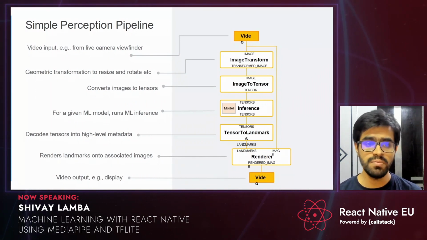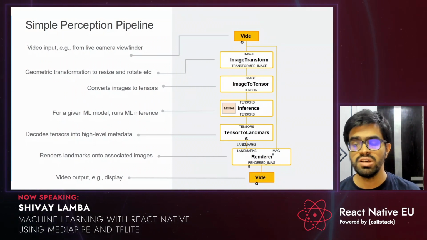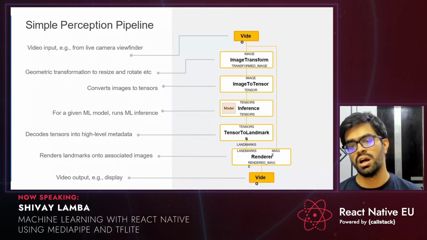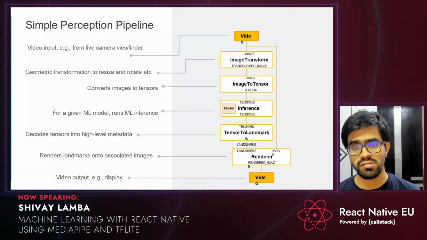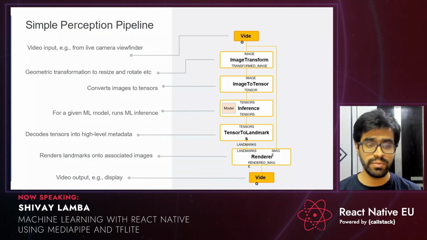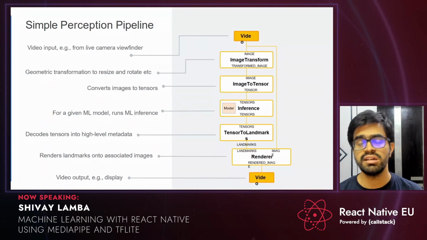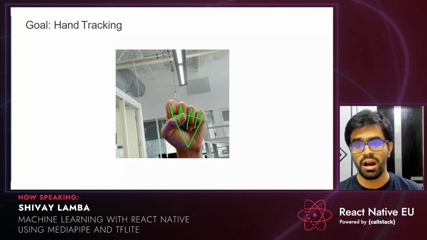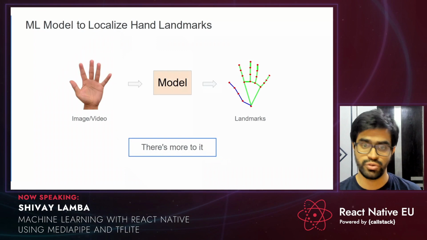And then from, let's say, any particular given machine learning model, we run the inference on these tensors, and we are able to decode information about the tensors. Once we have the information, we render the landmarks on top of these images, and then we display the resulting video output, which shows the landmarks rendered on the video that you're showing.